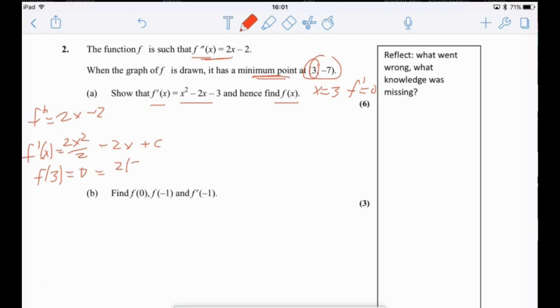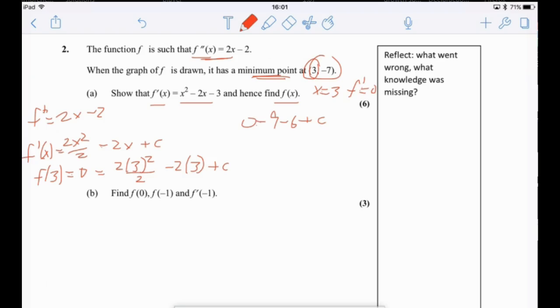So it's going to be 2 times 3 squared divided by 2 minus 2 times 3 plus c. And then if we work out the arithmetic here, it's 2 times 9, which is 18, divided by 2, which is 9. So it's 9 minus 6 plus c is equal to 0.